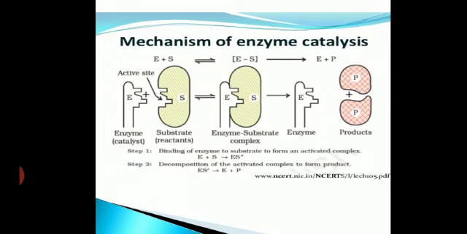As I said, enzymes are specific in action. The specificity of the enzymes is due to the presence of some specific regions called active sites present on the enzymes. These active sites are associated with functional groups like the NH2 group in urea, the COOH group in acid, OH in alcohol, and SH in thioalcohol. These form weak bonds such as hydrogen bonds or van der Waals attraction with the substrate molecule.